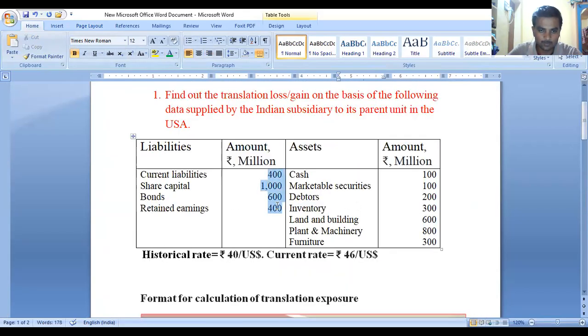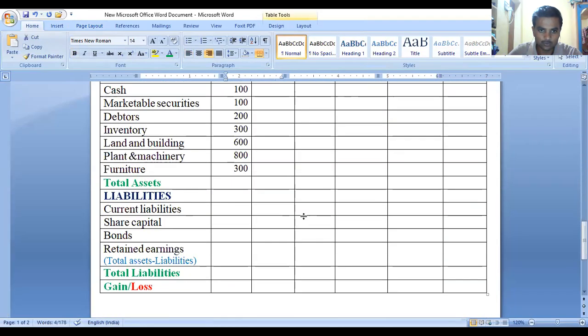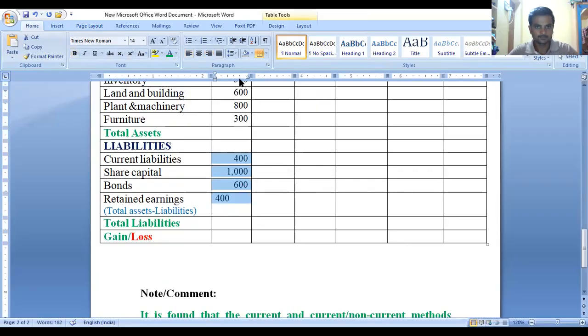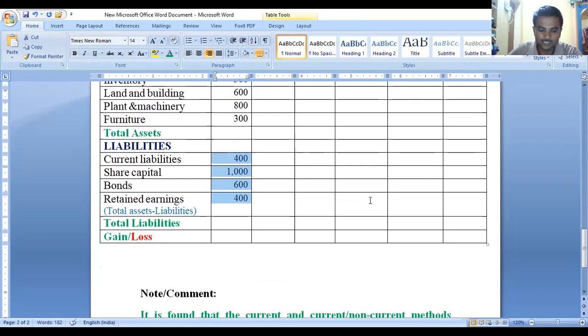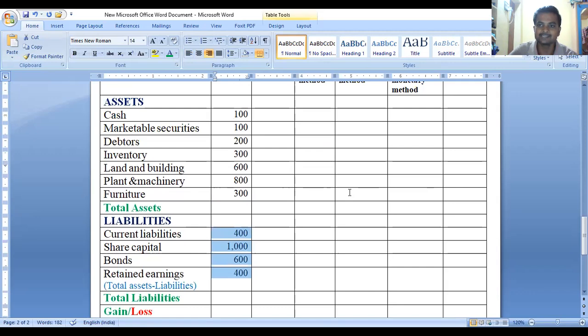Same way, I'm converting the total liabilities values, writing what exists. So this is the first thing we have to do. I did it only for the data that exists in the balance sheet. Copy it and paste it here.